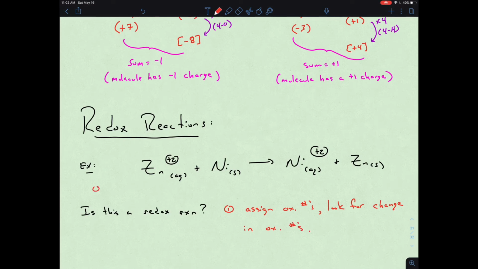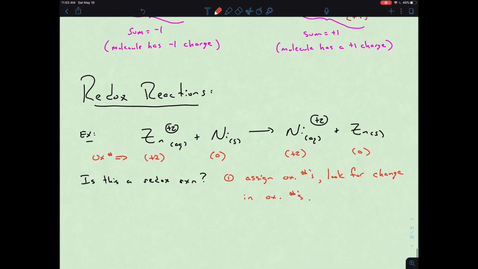So if we assign, we would have +2 for the zinc. Nickel's in its natural state, so it would be 0. Nickel then turns into +2, and the zinc now is back into its natural state, or 0.